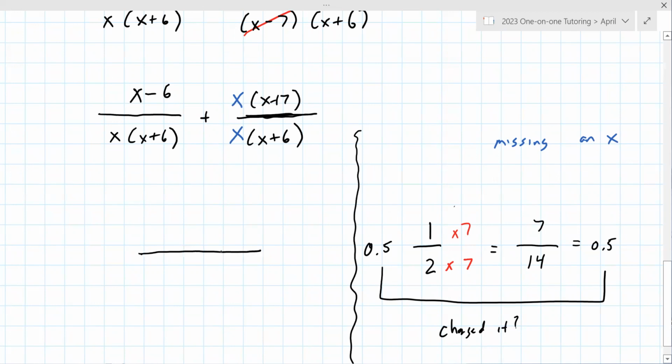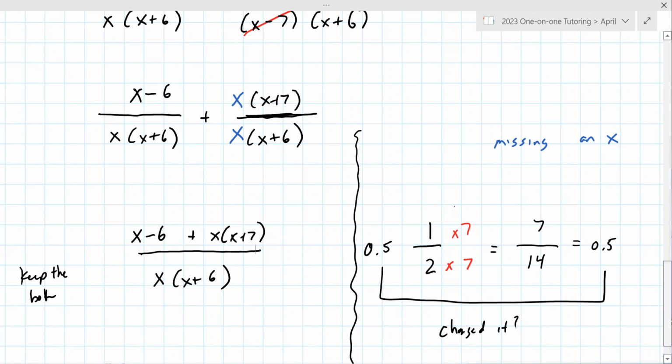Since the bottoms are the same, you keep the bottom, but the top you do combine. So it's plus X times X plus 7 like this. Is that okay? Yeah.